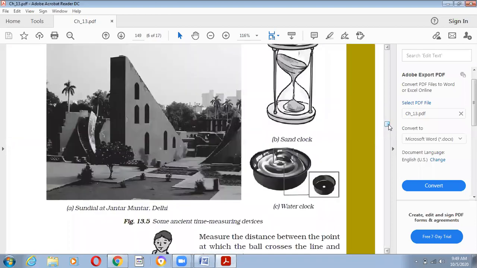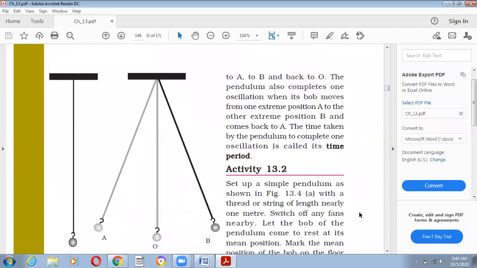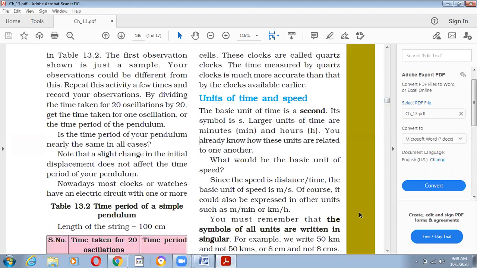Then these are other ancient time measuring devices: Jantar Mantar, which you can see in Delhi, the sundial, the sand clock, and the water clock. These are the ancient time measurement devices.